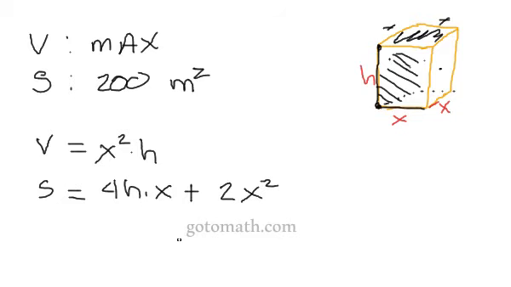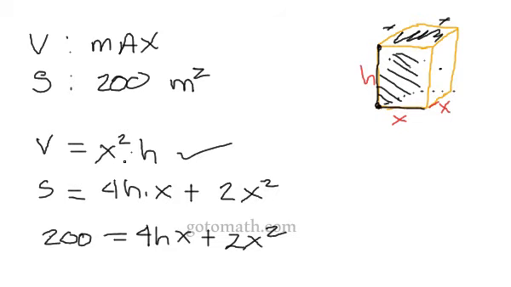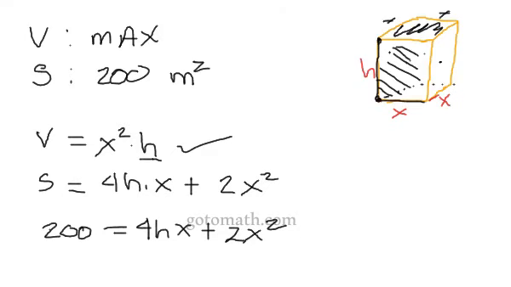So now from here we are going to let the surface area, remember, is 200 equal to 4hx plus 2x squared. So we're going to want to get our primary equation here all in terms of one variable, and we're going to do that by getting it in terms of x. So we need to solve for h down here in this problem.